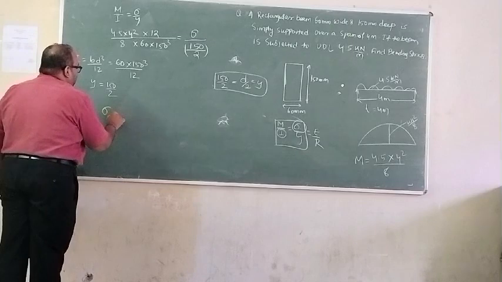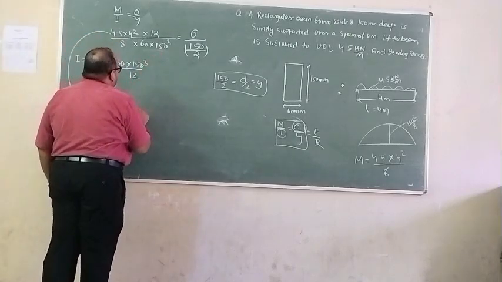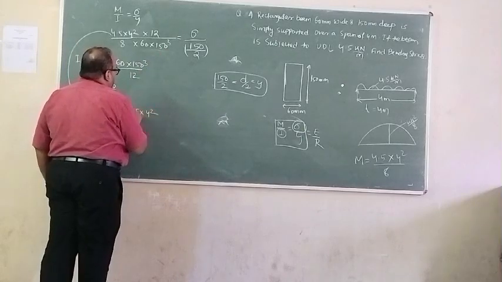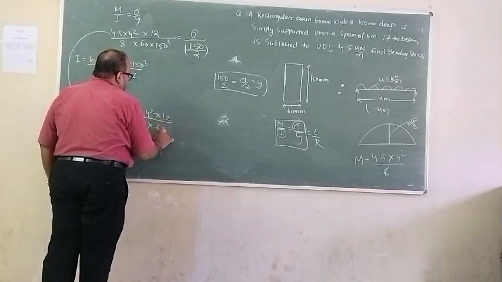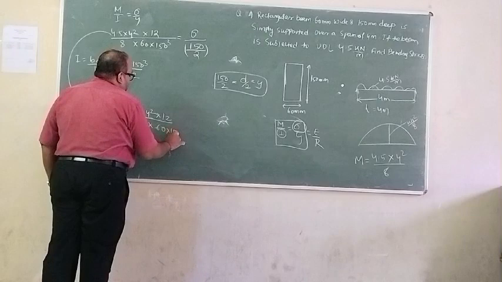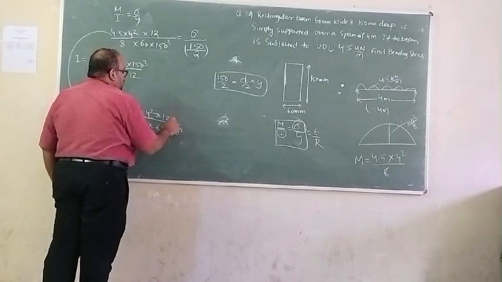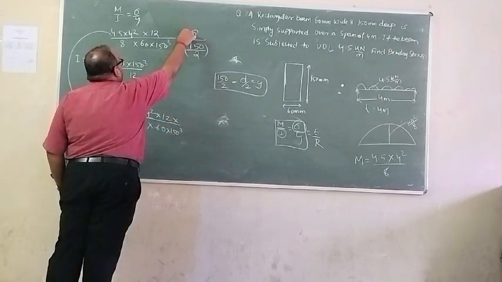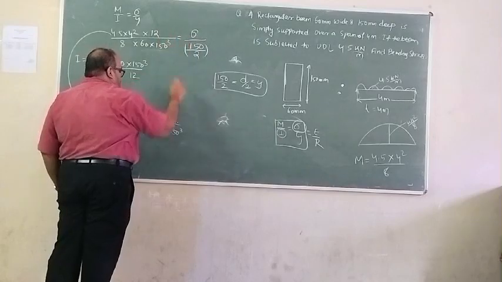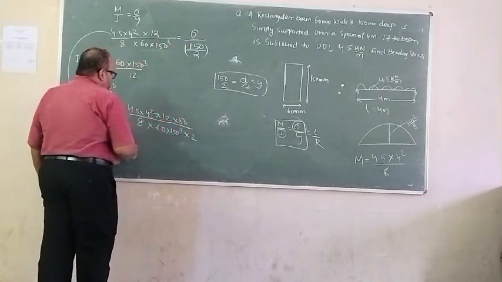So stress can be found from this equation: 4.5 multiplied by 4 squared divided by 8, multiplied by 12 divided by 60 multiplied by 150 cubed, multiplied by 150 divided by 2.